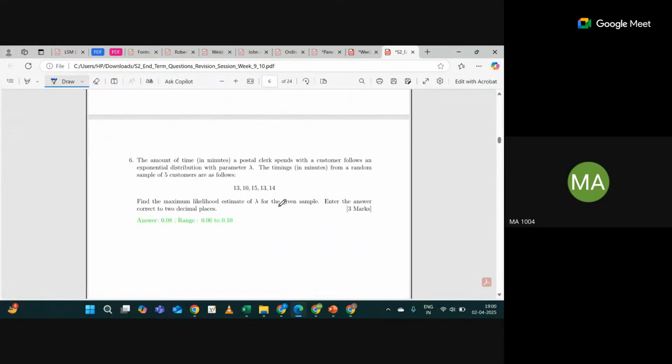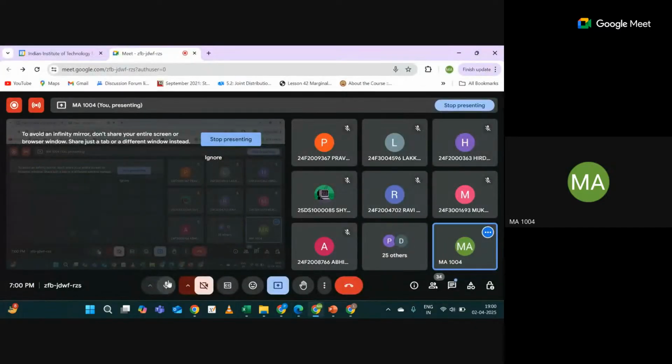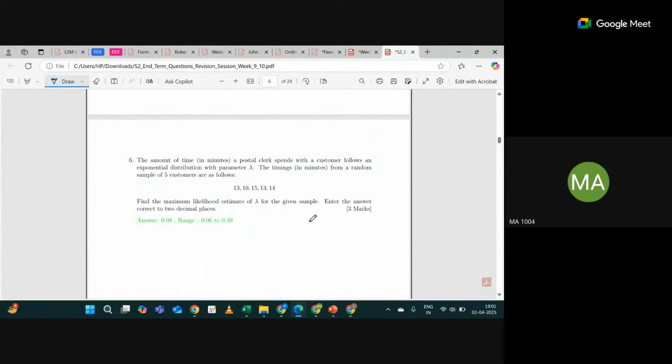This question says the amount of time in minutes a postal clerk spends with a customer follows an exponential distribution with parameter lambda, right? And the timings in minutes from a random sample of 5 customers is given to us like this. You have to find the maximum likelihood estimate of lambda for the given sample.